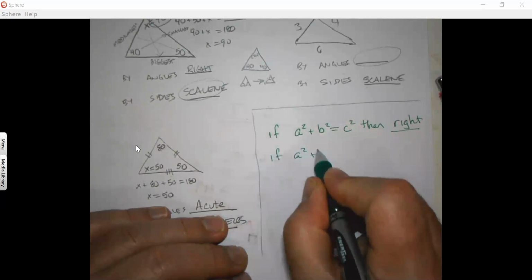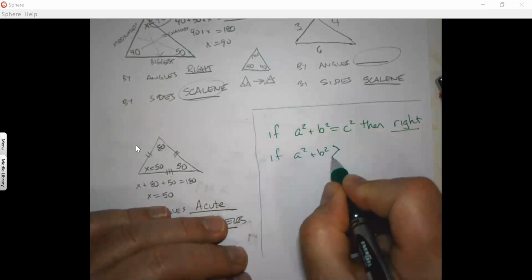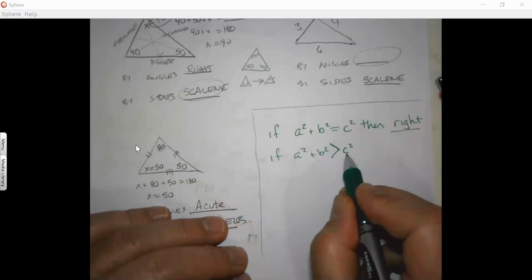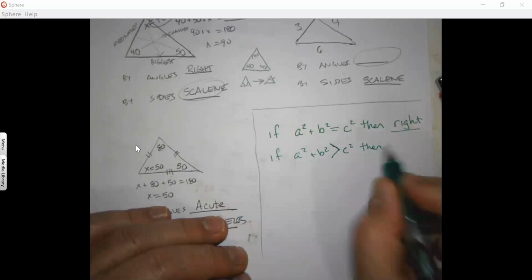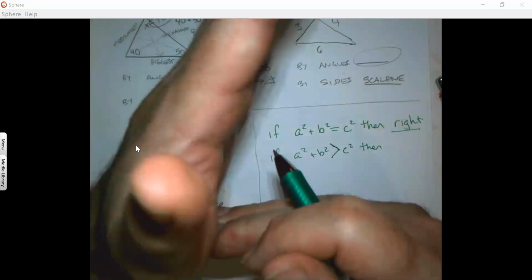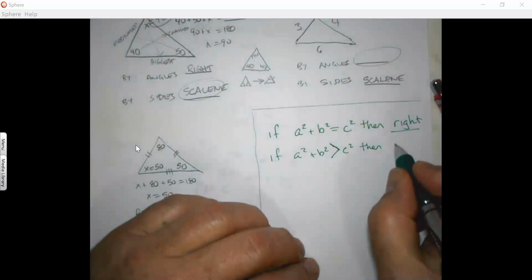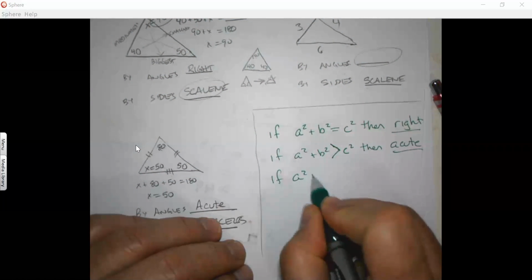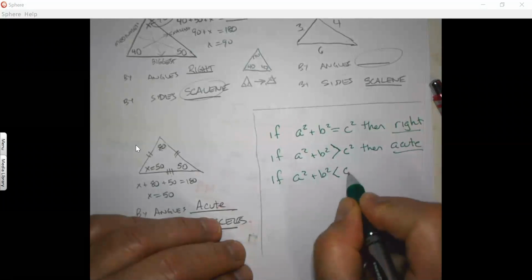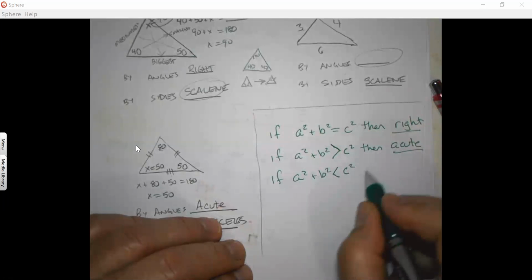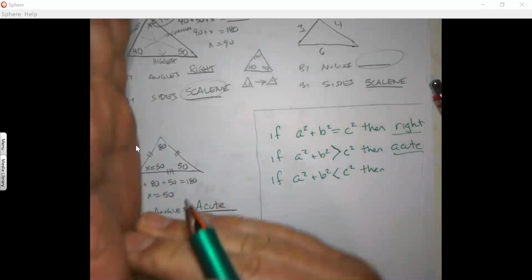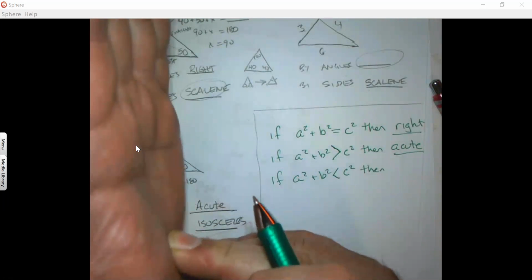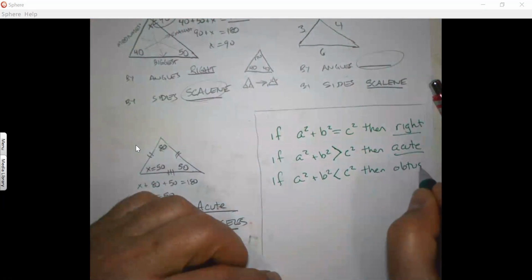If a squared plus b squared is greater than c squared, so that our hypotenuse is too small, those two sides have to pinch in to meet that smaller hypotenuse, and so that makes it an acute triangle. If, on the other hand, a squared plus b squared is less than c squared, so the hypotenuse is too big, then that hypotenuse is pushing those legs wider, breaking that right angle and instead making it bigger, obtuse.